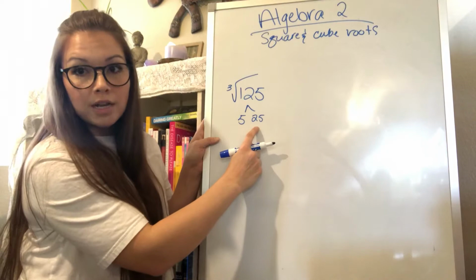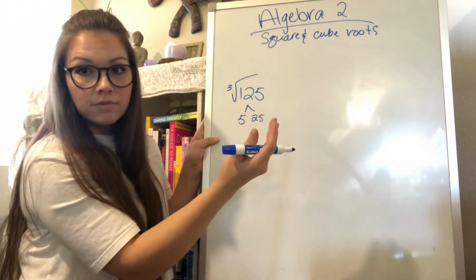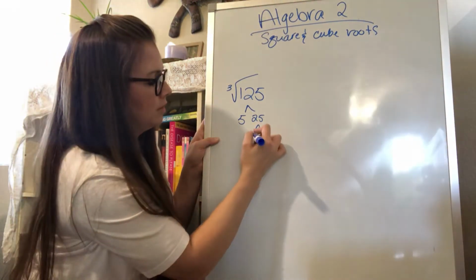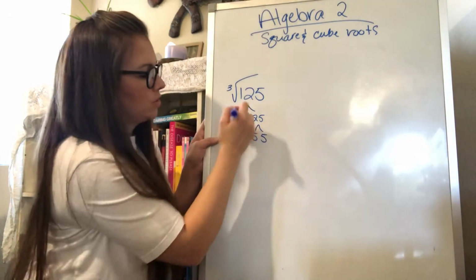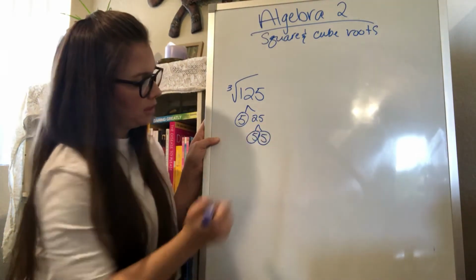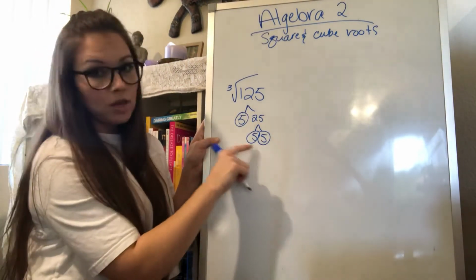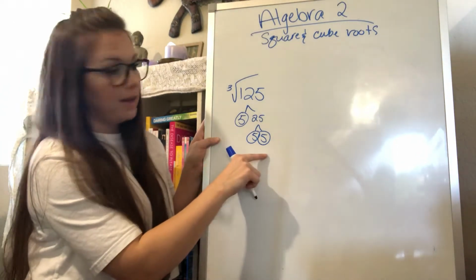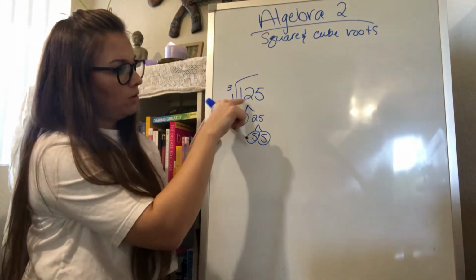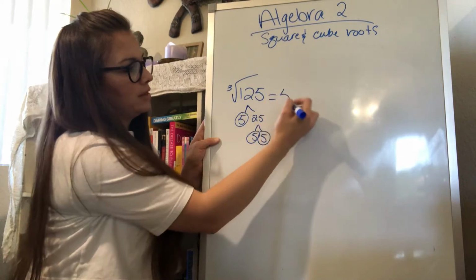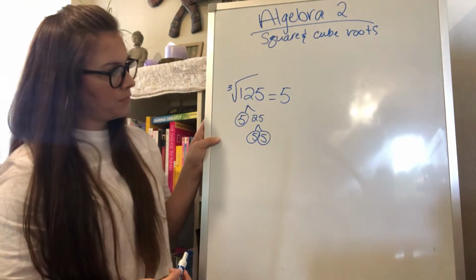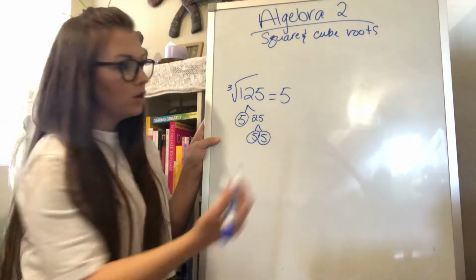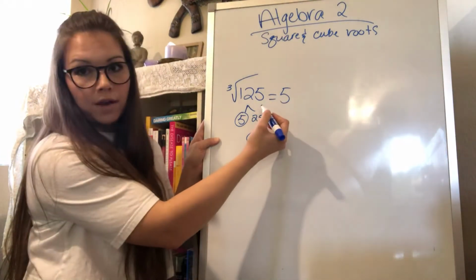Two numbers that multiply together to make 25 are 5 and 5, right? Oh, I also like to circle my prime numbers when I get to them so I know what I'm dealing with. So now I can see that 5 times 5 times 5 equals 125. So my cube root has to be 5. Also, 5 cubed would be 125.